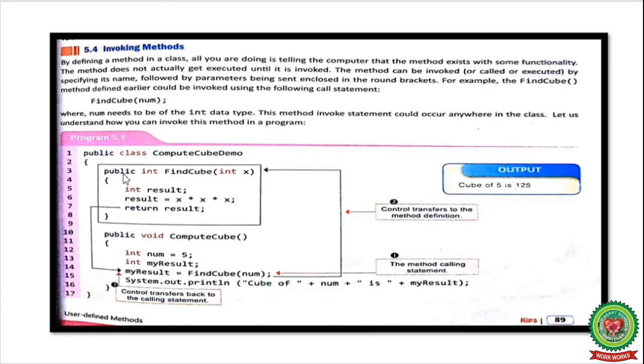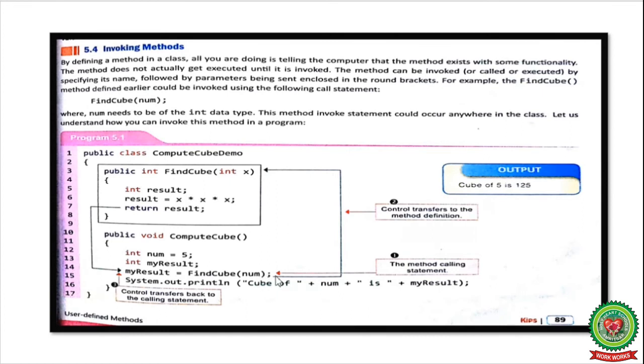We have created a method public int findCube(int x): int result equals x into x into x, return result. Why is the return statement used? Because we have specified the data type int. Then again, the second method we have made is public void computeCube. In this, int num equals 5, int myResult. Now myResult equals findCube(num).